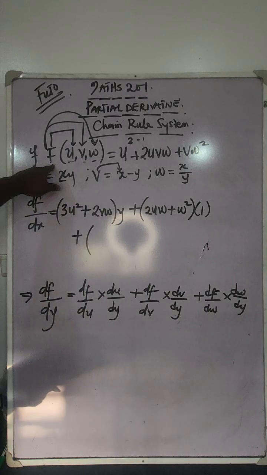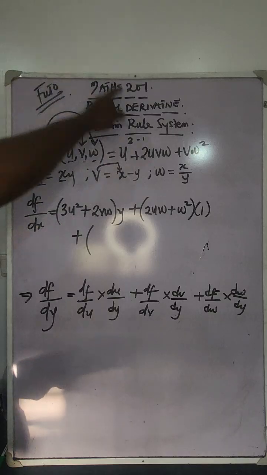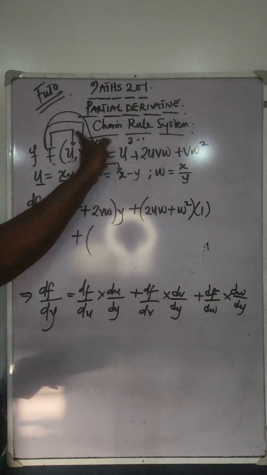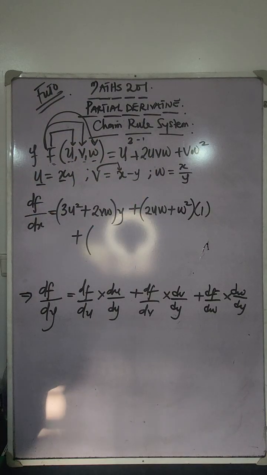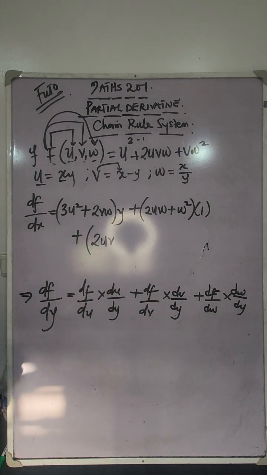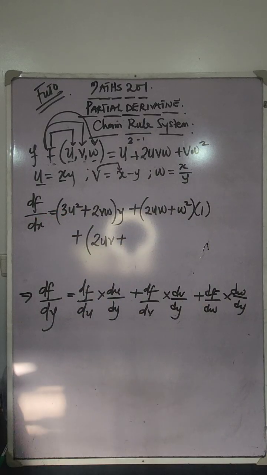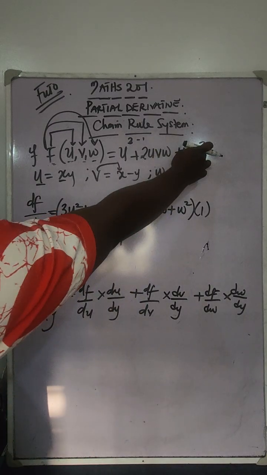Now df/dw. There's no w here, so this is cancelled out. There's w here, so if you differentiate df/dw, you have 2uv. Plus, let us approach this, df/dw, this is 2vw.